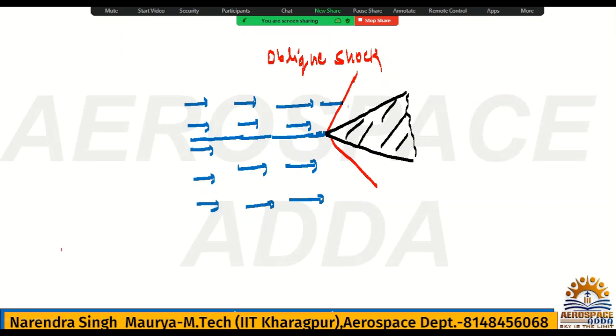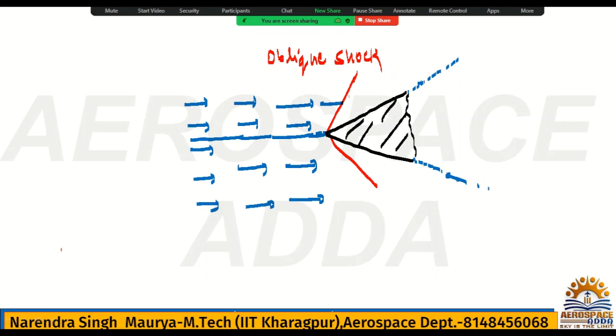Because this object is making some angle, obviously the flow cannot pass through the object, so the flow will turn parallel to the plane of the object. Once the flow passes behind the shock, it will follow a path parallel to what? Parallel to the plane of the object. This is the plane of the object.